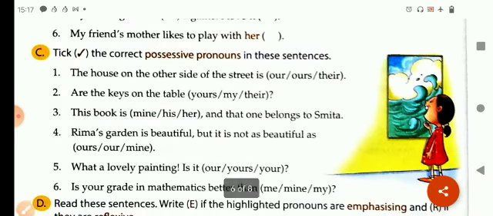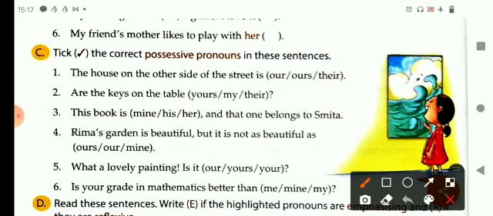Now choose the correct possessive pronoun in these sentences. The first one is: The house on the other side of the street is ours or theirs. So it is ours.